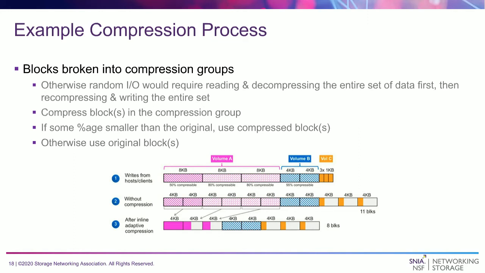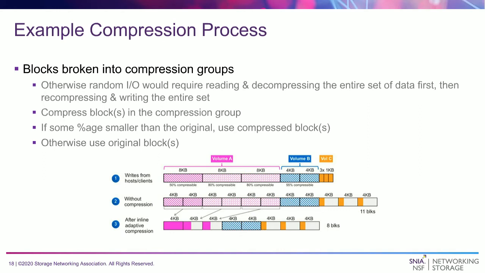So what we do first of all is that without compression, we'd obviously have to lay the data down in just basically one block after another, a big long stripe of the stuff. So we'd end up with 11 blocks in total to write that data from the hosts, from the clients. However, if we compress it, the stuff in pink compresses well, so let's compress it.